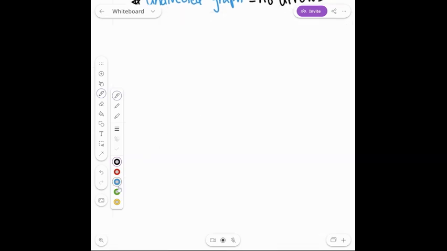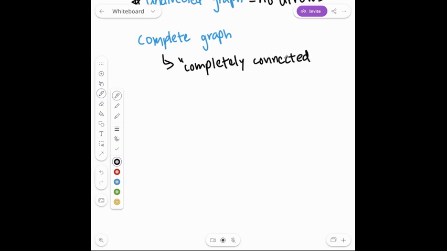So there's a special type of undirected graph called a complete graph. This means that there's one edge from every vertex to each of the other vertices. So the graph is completely connected. Such a graph would be the same as drawing a polygon with a certain number of sides and then also drawing in all of its diagonals.